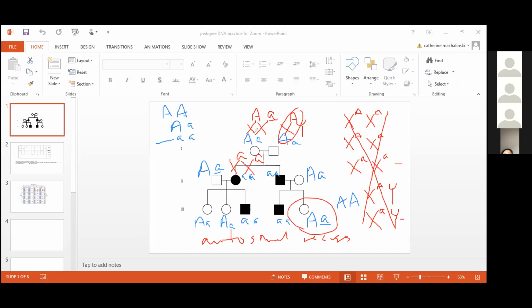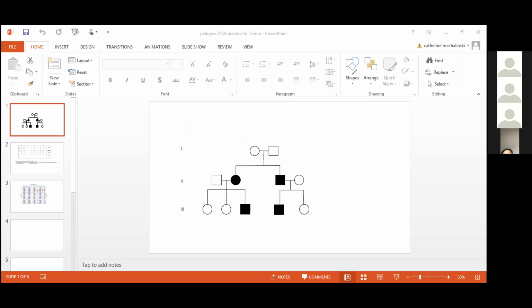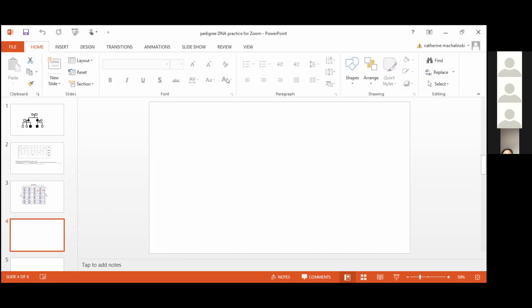Yes, absolutely, you can do a Punnett Square for blood type. Let me show you. You've got someone who is AB.